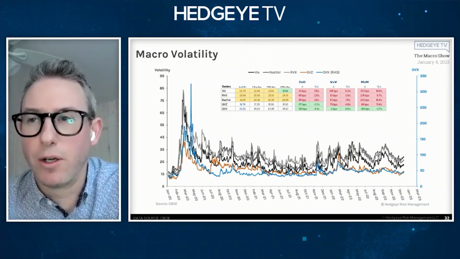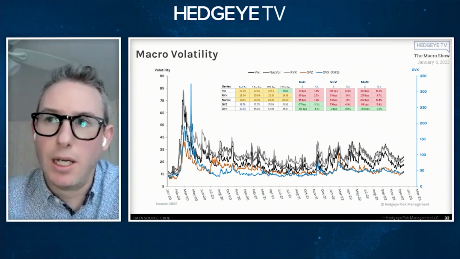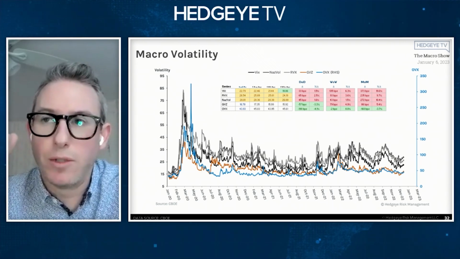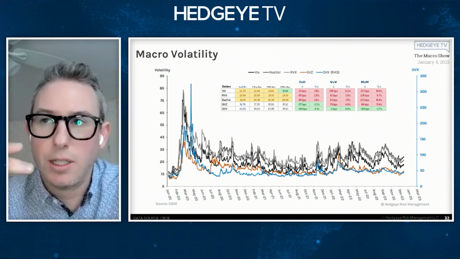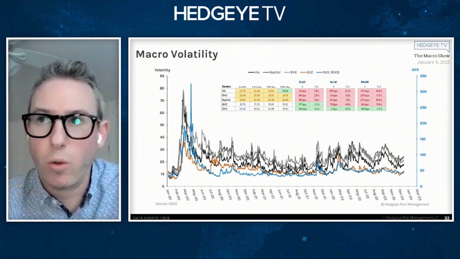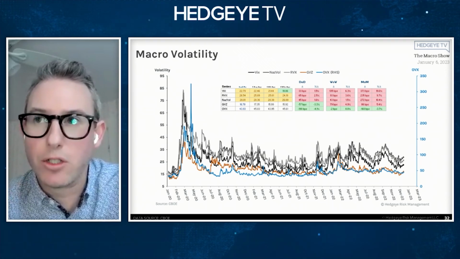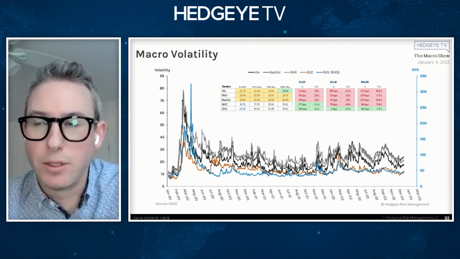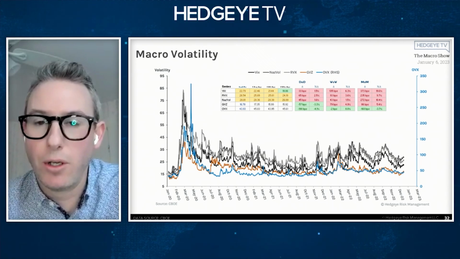Oh, sorry, macro vol. So again, this is all of the key components here in terms of VIX, RVX, VIXN, that's NAS vol. GVZ is gold volatility. OVX is oil volatility. So again, for anybody that's new, VIX is the volatility on S&P 500.